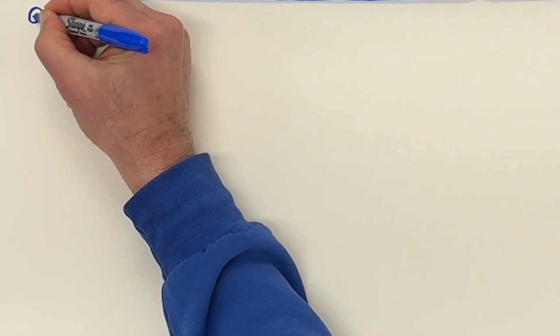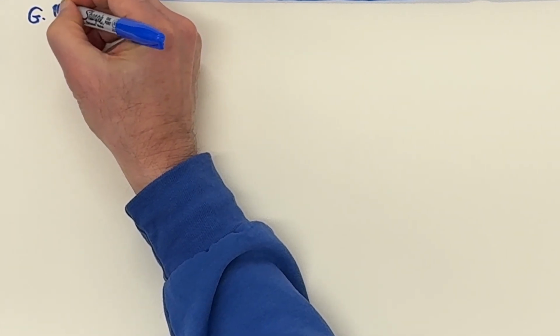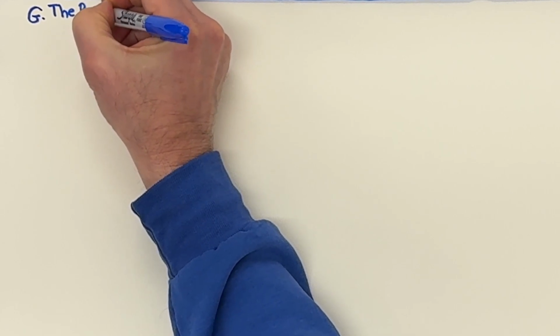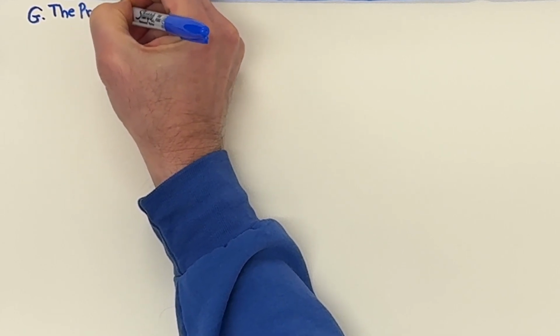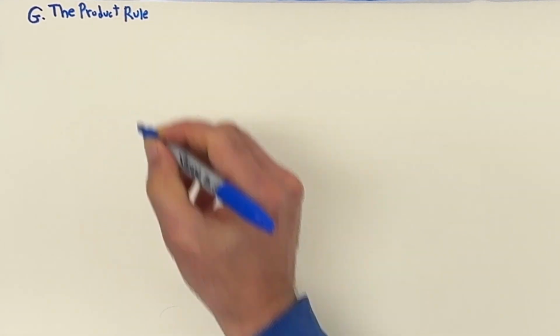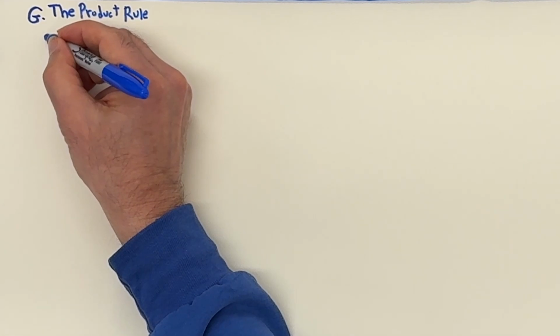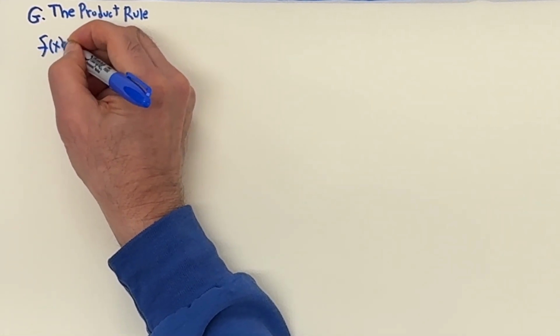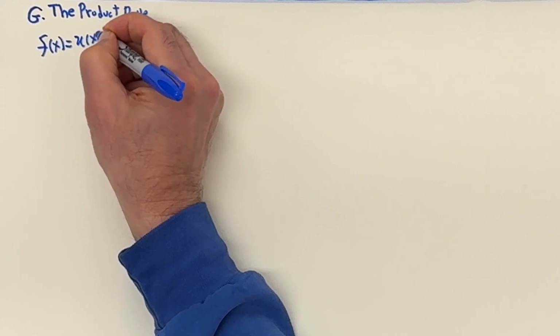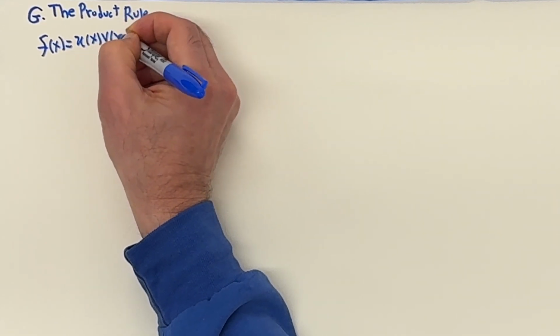Chapter G, the product rule. So now we're going to take the derivative of a function f of x that consists of a product of two functions.